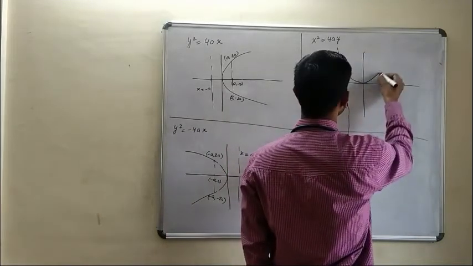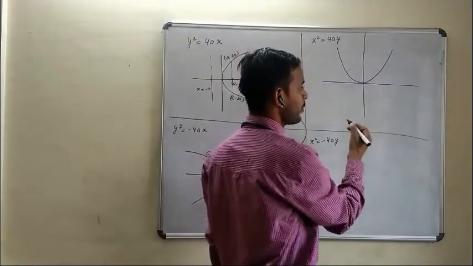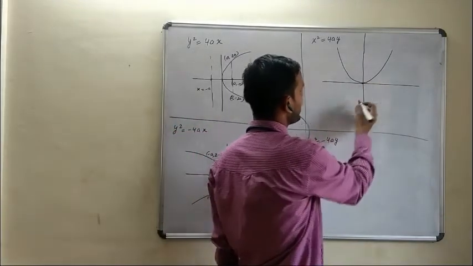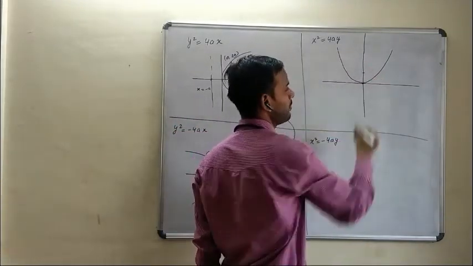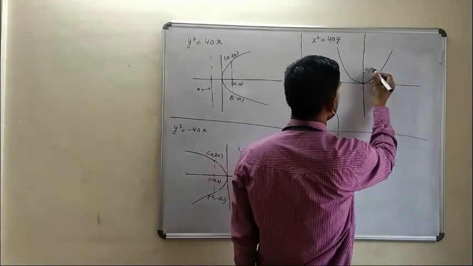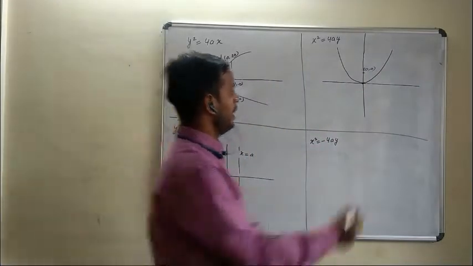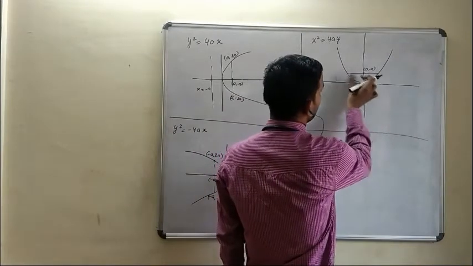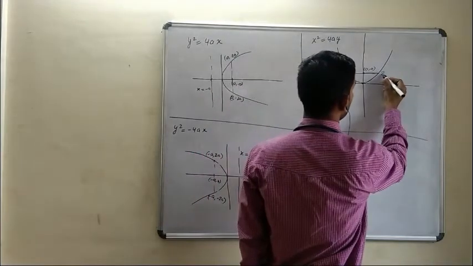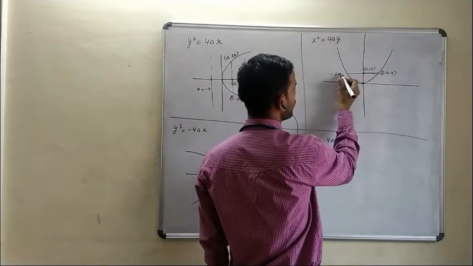Okay. So if this is the parabola, we know that distance of focus from vertex will be a. So this point will be our focus, and its coordinates will be 0 comma a instead of a comma 0, since this lies on y-axis. And these two distances are 2a and 2a. This point at a distance of 2a will be 2a comma a, and this will be minus 2a comma a.